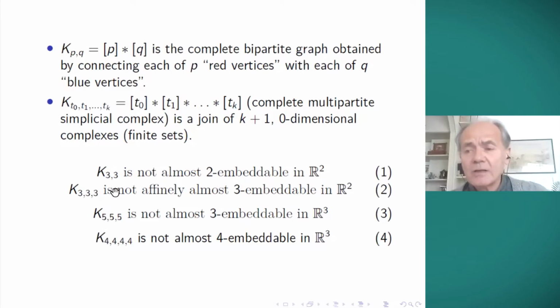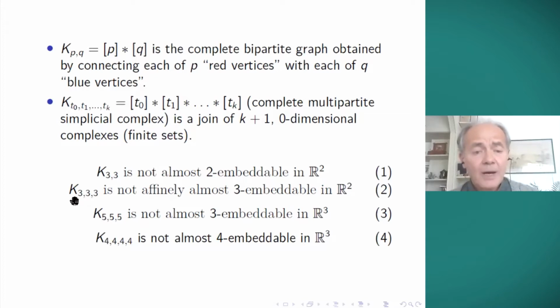So you can informally say that we are studying higher dimensional analogs of non-planarity. And ideally, it would be nice to have a complete characterization of higher dimensional non-almost r-embeddability, similar to Kuratowski's criterion for non-planarity. But so far we have only examples, or most of the time we deal with examples.